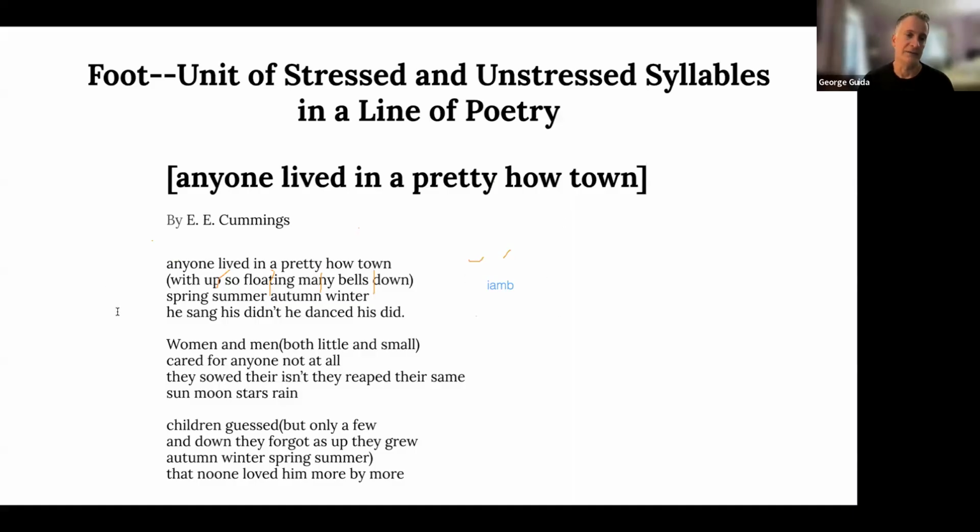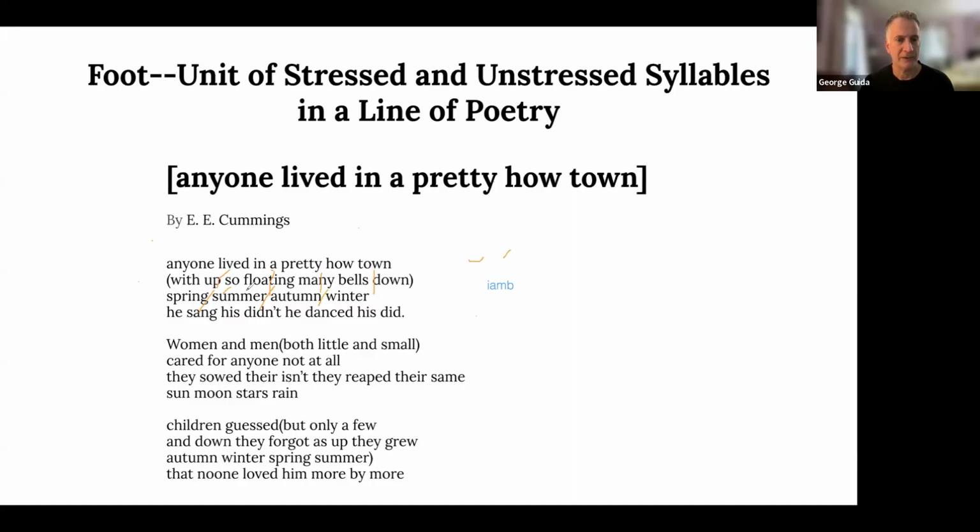And then in the line that follows, we get a slightly different rhythm. Spring, right? Summer, autumn, winter. And if we take the seasons as metrical feet, spring is like an extra syllable at the beginning of the line, which you can have. You can have extra syllables that don't match the rhythm of the rest of the line, but most of the line is a different rhythm.